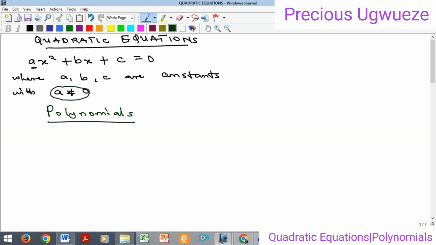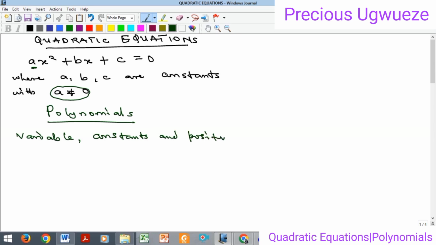Okay, so if we say that quadratic equations are examples or types of polynomials, what is then a polynomial? So we say that a polynomial is just a mathematical expression that consists of three things: variables, some constants, and positive exponents.